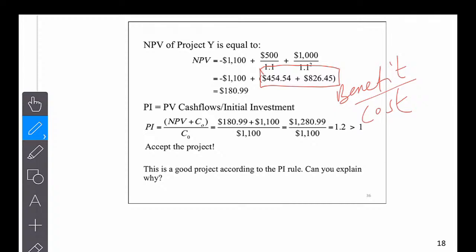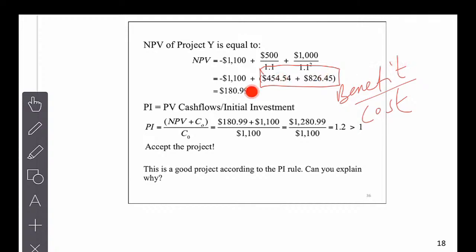Okay, so if you were to calculate this, I don't do this in this course, but I think if you were to do this for a finance project you would have the benefit first and then the cost below, but we're not going to do that. It's just going to be like investment projects. To get this, let's say I put this in my calculator because there were a lot of cash flows and I just wanted it to be easy.